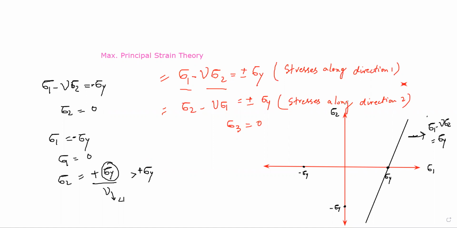Plus sigma y is somewhere over here, if this is positive sigma y. So sigma y divided by nu will be a point somewhere above this. If we draw a line, the line will essentially be like this.